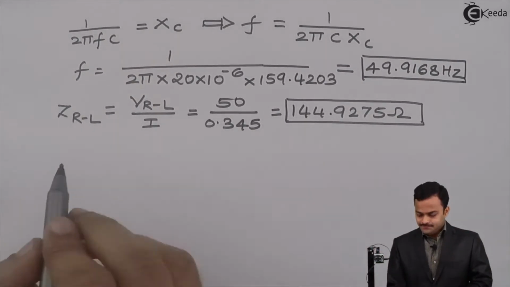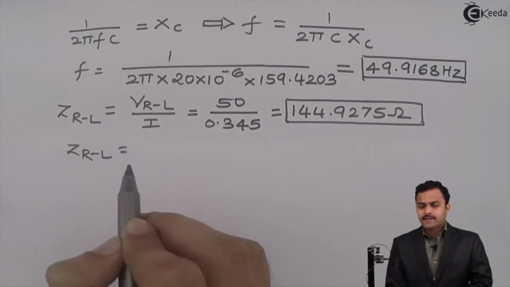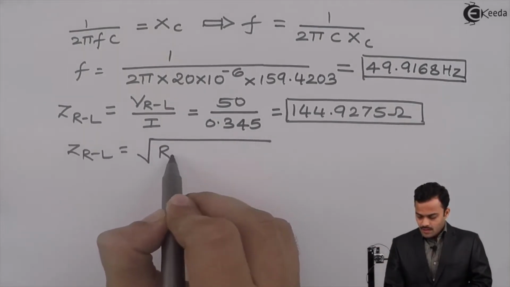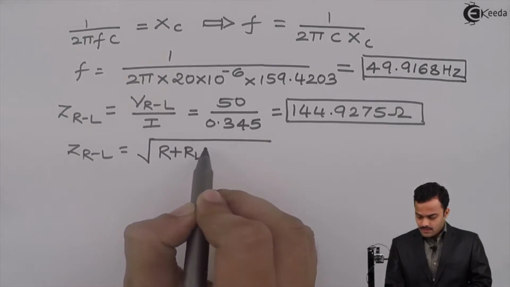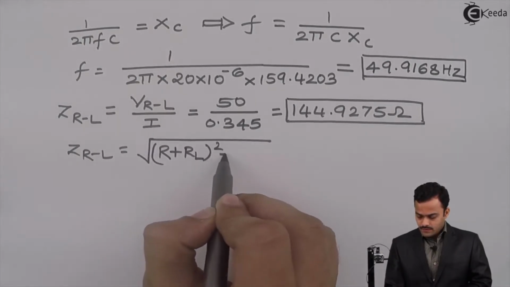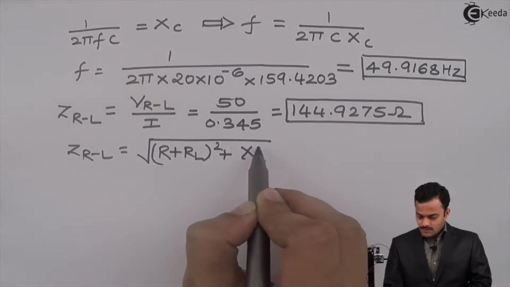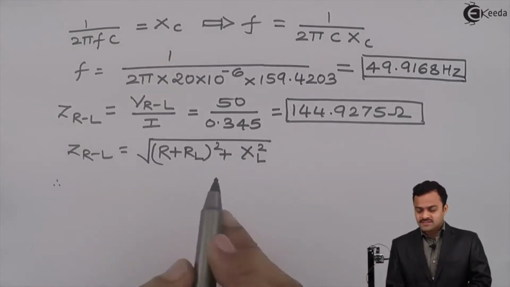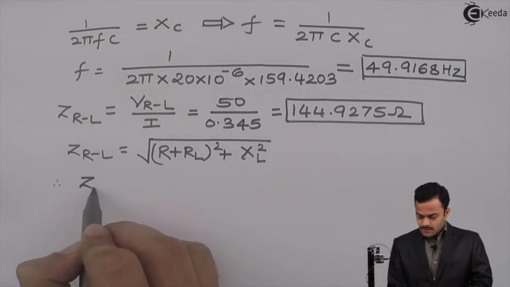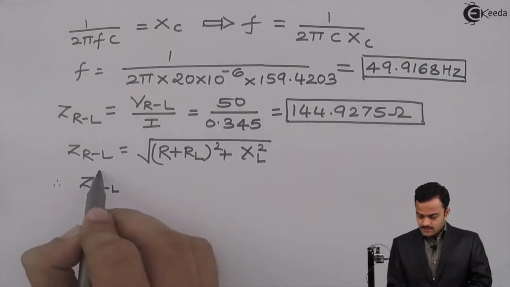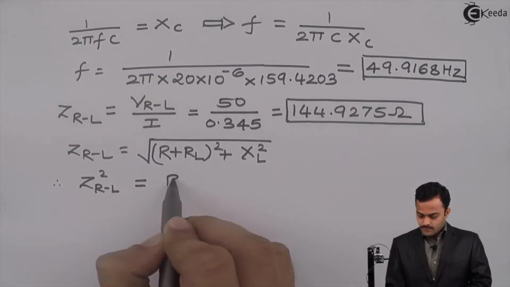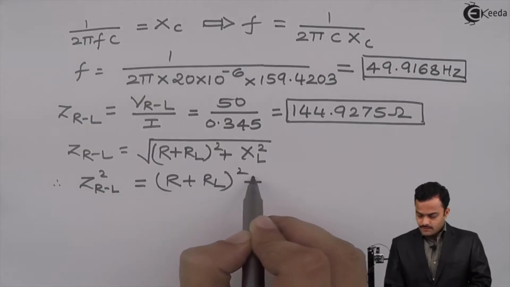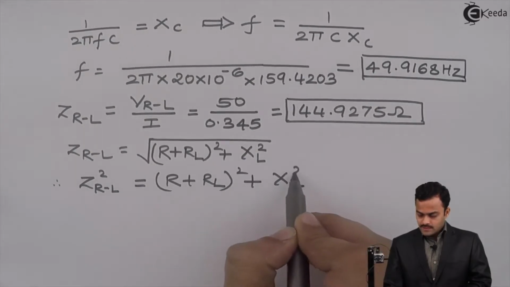The ZRL can be written in this form: root of (R plus RL) the whole square plus XL square. If I square both sides, ZRL square equal to (R plus RL) the whole square plus XL square.